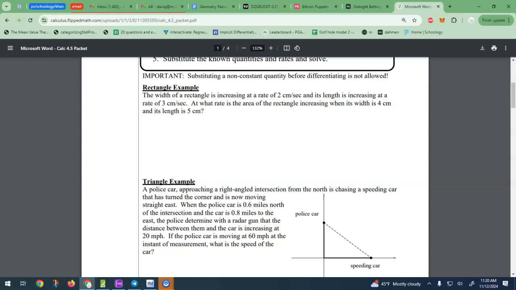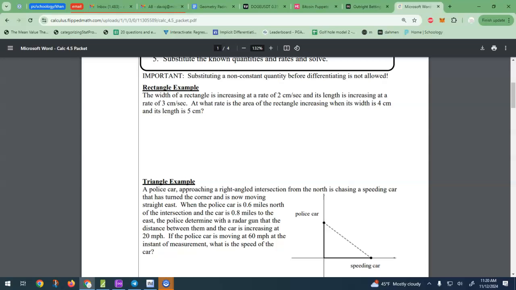So the width is 4. Length is 5, so I can put those in. And then dL dt, the length is increasing at a rate of 3. And the width is increasing at a rate of 2, so dW dt is 2.